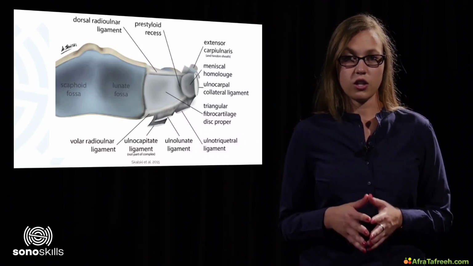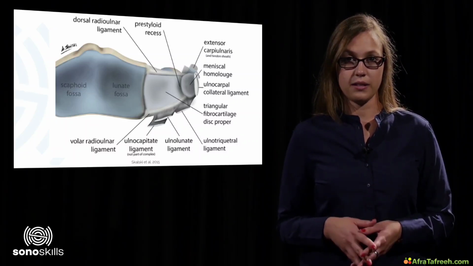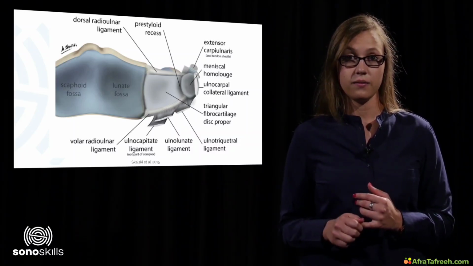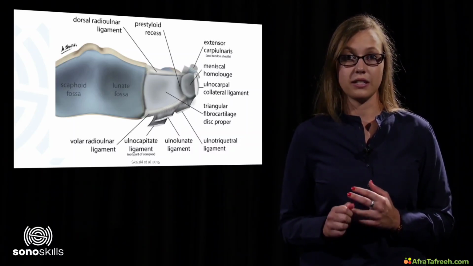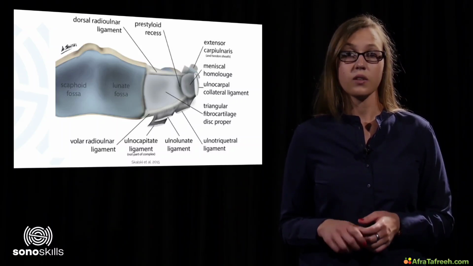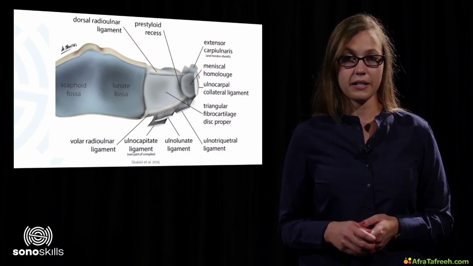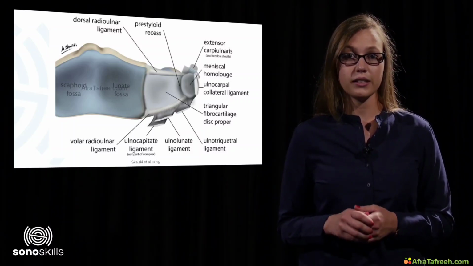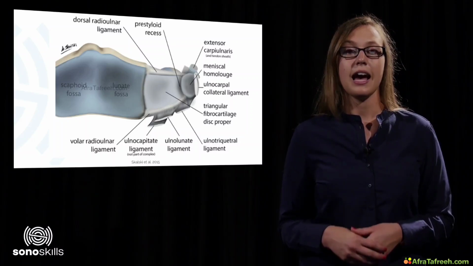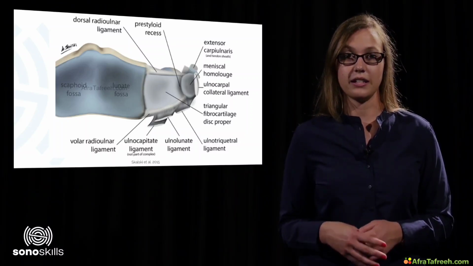These structures include the following 8 components: the triangular fibrocartilage disc, dorsal and volar distal radio-ulnar ligaments, meniscal homologue, ulnocarpal collateral ligament, ulnotriquetral and ulnolunate ligaments, both being volar structures, and the extensor carpi ulnaris tendon subsheath.